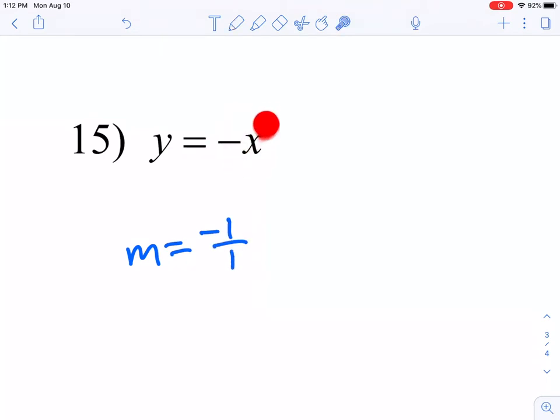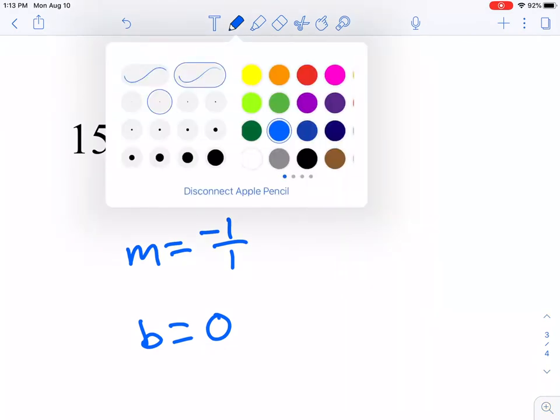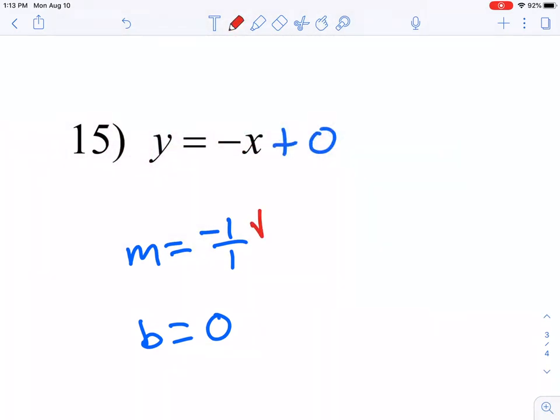I'm looking here. This is a negative 1x. There's still 1x there. And then b equals, this one, there's nothing at the end here, so it's 0. So if we have an x with no number, there's really a 1 there. If there's no number at the end, though, that's a 0 for b. And then we say down and right.